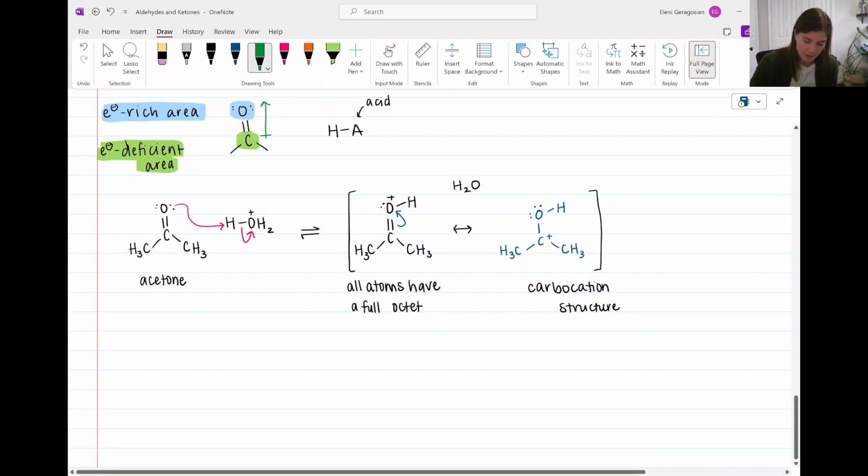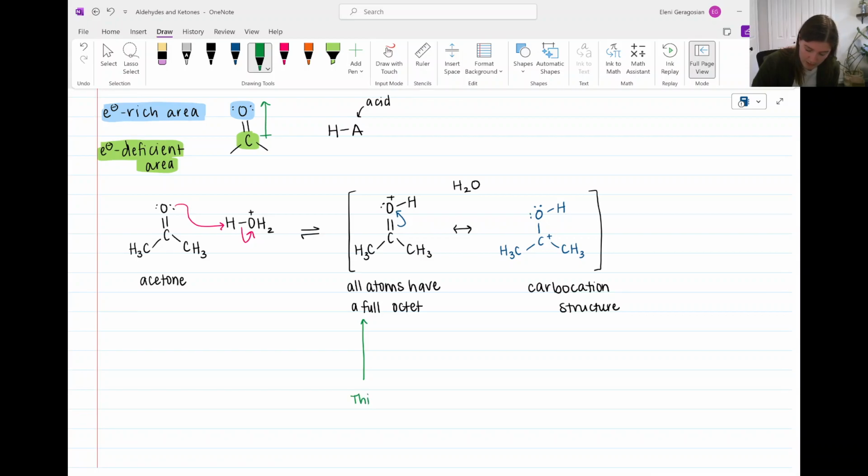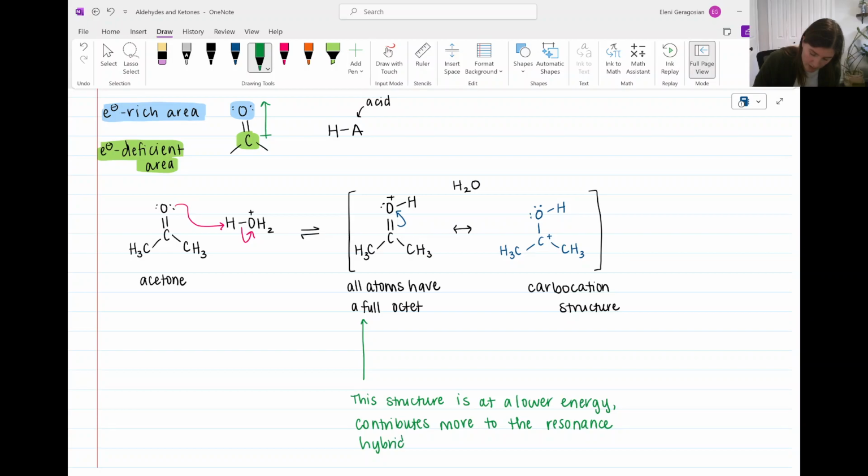Now, this first structure that we drew, to write a little note down here, is at a lower energy. So it contributes more to the resonance hybrid, or what exists in nature, the real molecule.